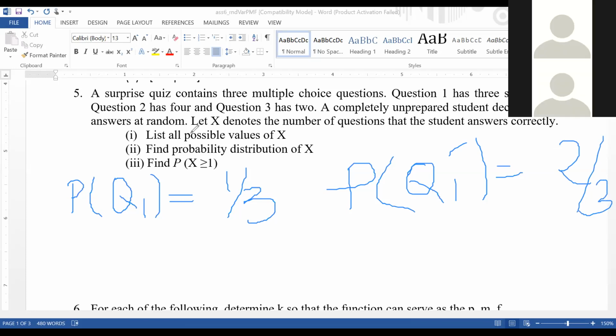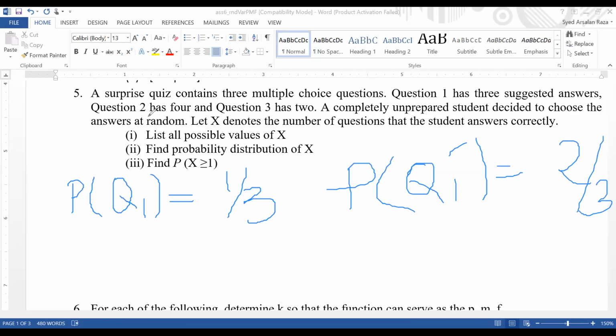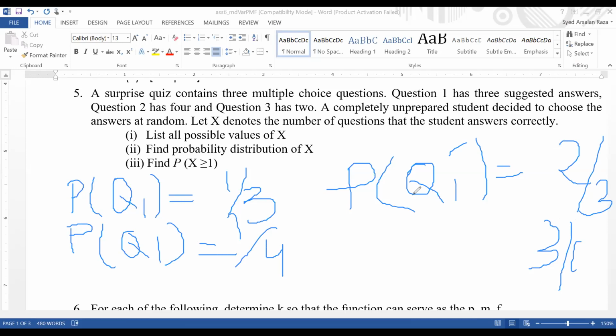Question number 2 has four answers. The probability of solving question number 2 correctly is 1 by 4, and incorrectly 3 by 4. In the same way, question number 3 has 2 answers.